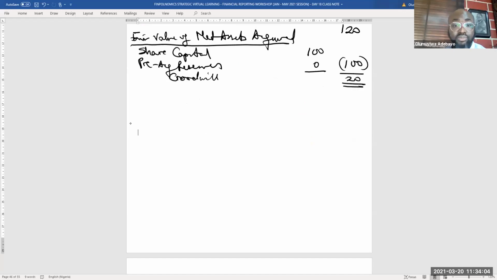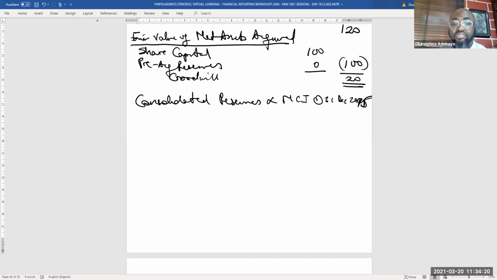Now, what's our consolidated reserve and NCI as at the reporting date, 2015? Consolidated reserve, NCI, all figures in millions of naira.